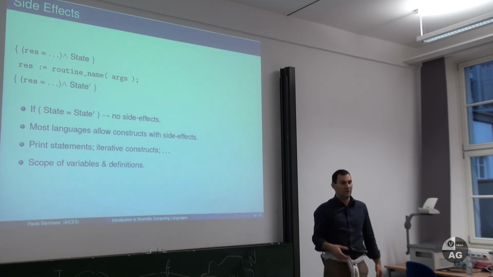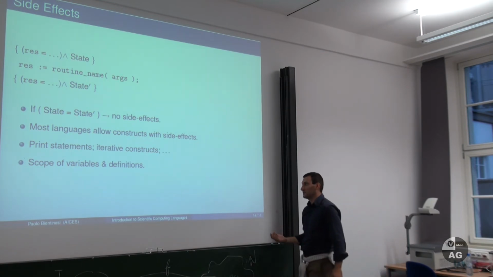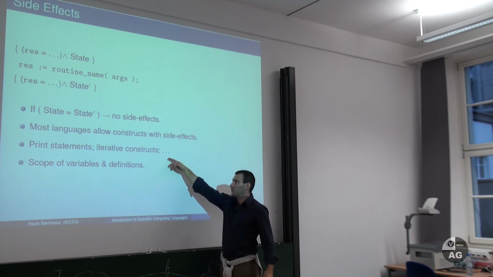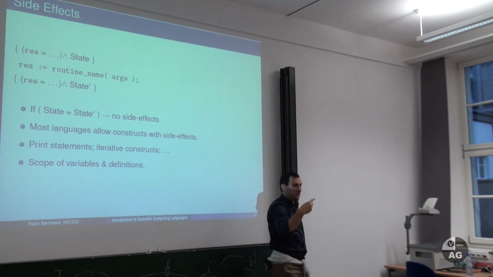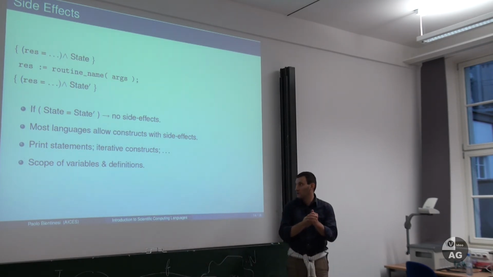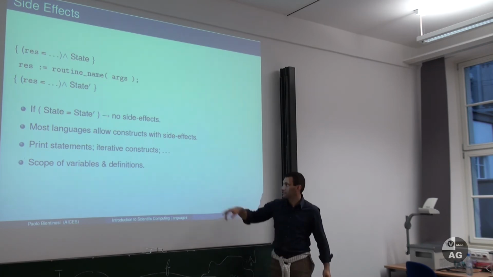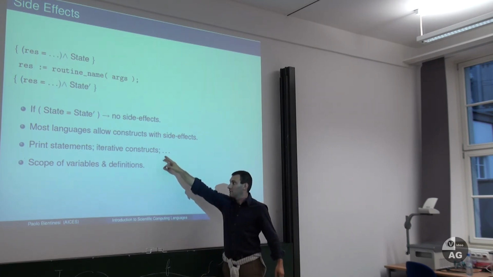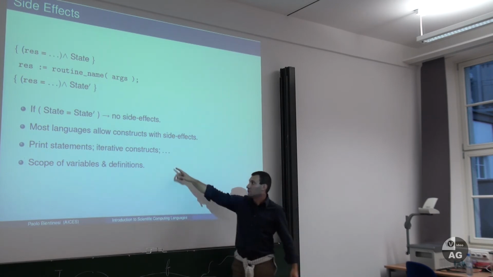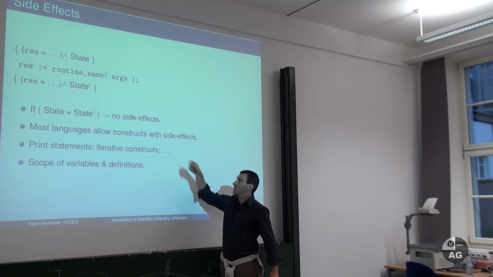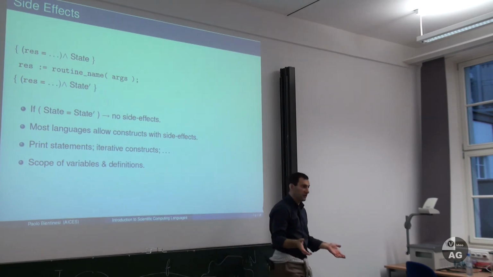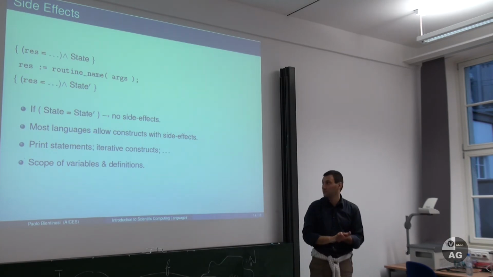Print statements normally are considered side effects. With iterative constructs, maybe you change the iterators, or they do something with the stack that you are not totally aware of. So most languages have side effects. You cannot avoid them, but you should be aware of them.